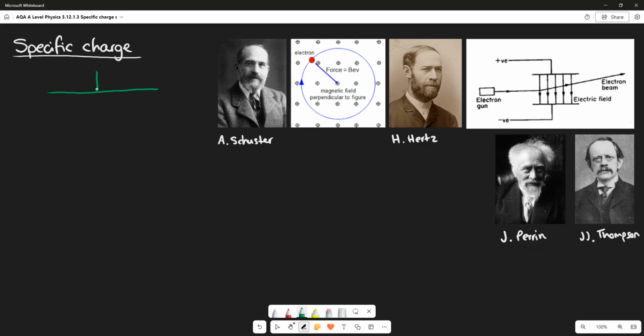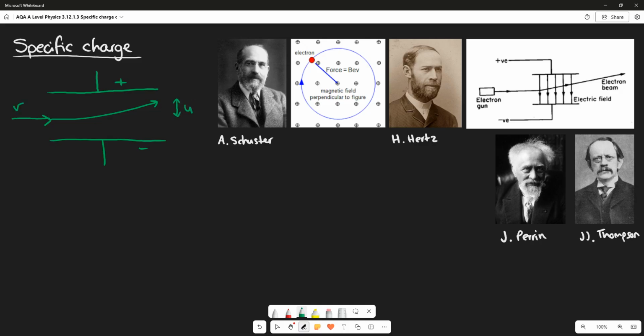So they had a positive and a negative plate, which created an electric field in this region. Something that's negatively charged will be attracted towards the positive plate, and anything that's positively charged will be attracted toward the negative plate. They fired negative electrons into this electric field and observed that their path moved toward the positive plate. They knew the initial velocity.